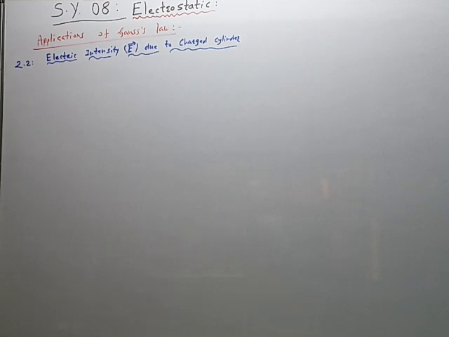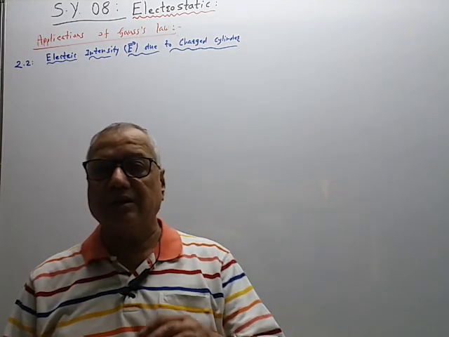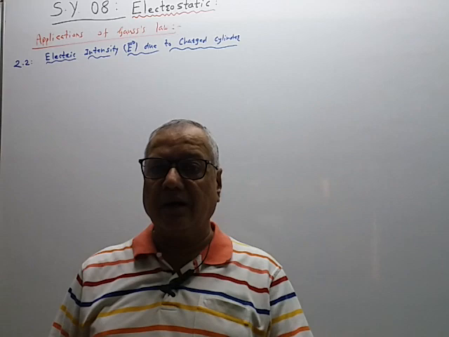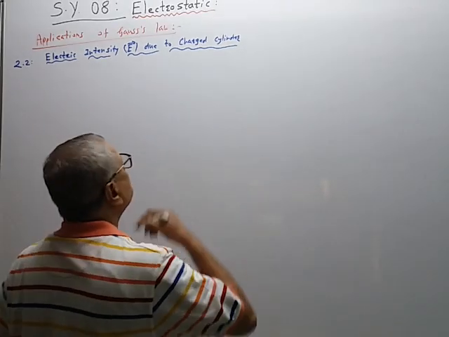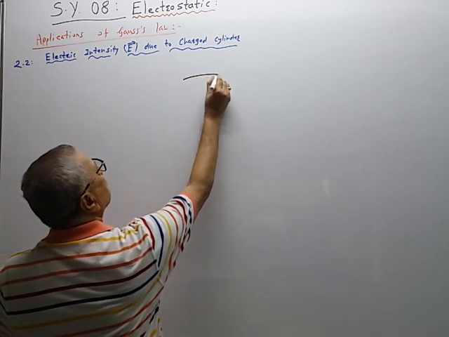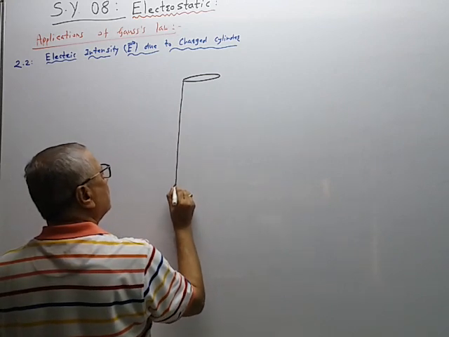So now we will consider the second application for charged cylinder. Actually, we are considering a charged wire, cylindrical in form, of infinite length like this, and the cylinder is shown like this. So this is the cylinder of infinite length.